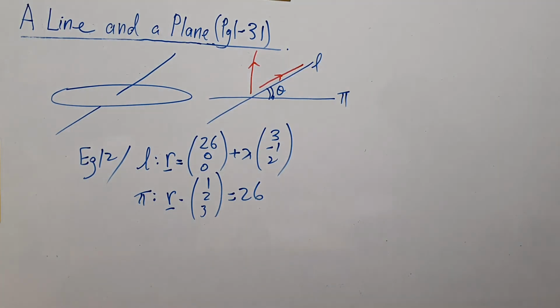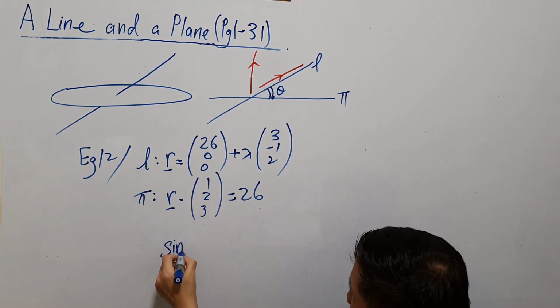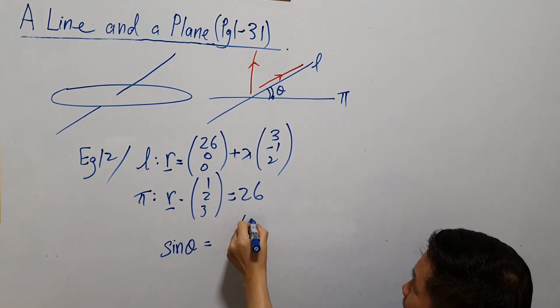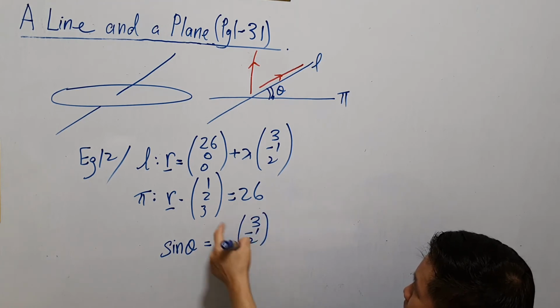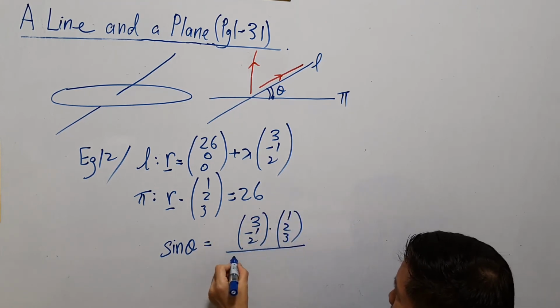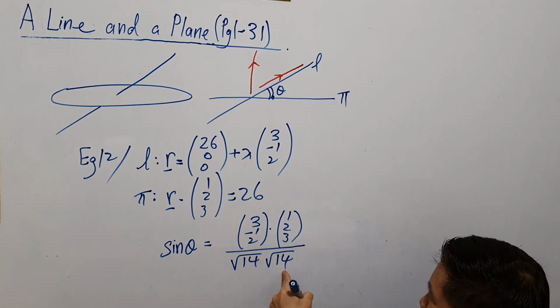Now I want you to know that based on what we discussed in the earlier video, to find the angle between a line and plane is like this. It is sine theta. Take this vector which is from the line, dot product with this vector which is from the plane. Then the magnitude of this vector is square root 14. Magnitude of this vector is square root 14.